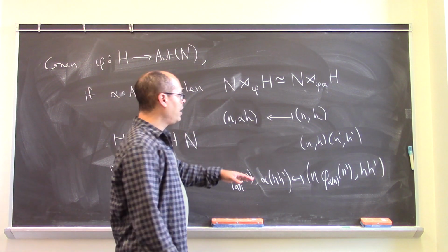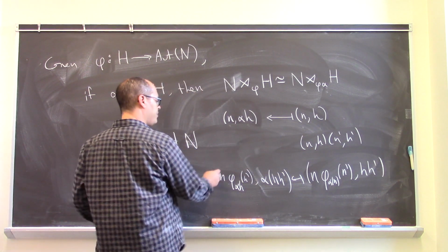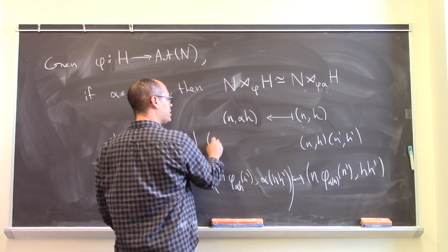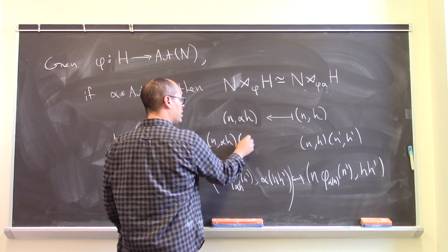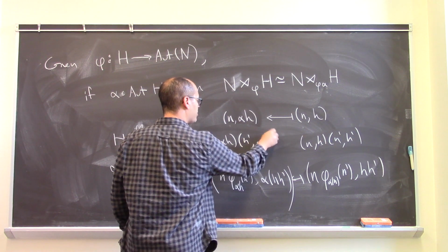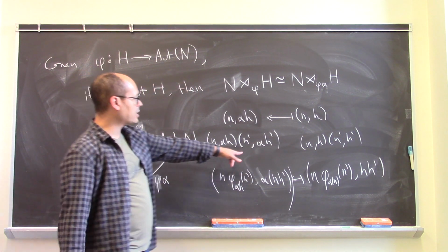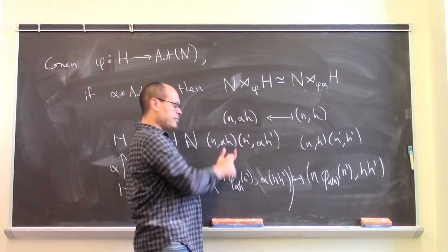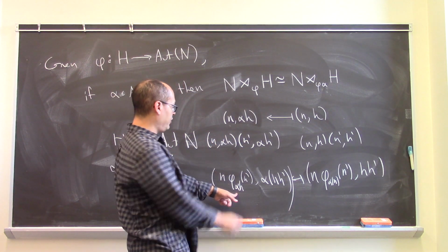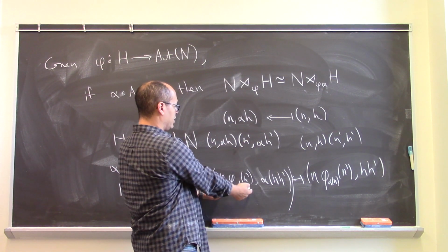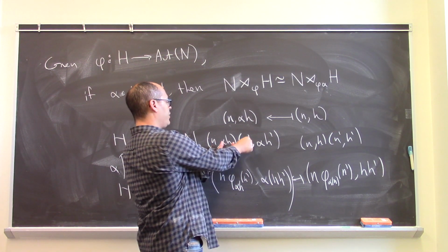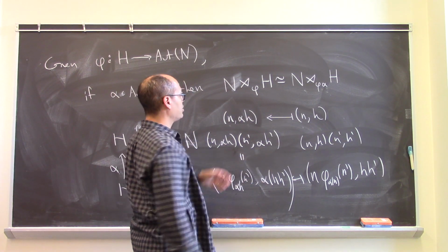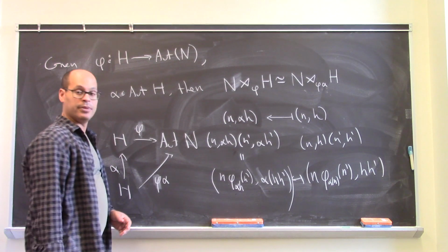That goes to there. On the other hand, I can map each of these guys over. This is a pair, so I can map each of them over, and I get (n, alpha h) and (n prime, alpha h prime). To multiply these together, I need to slide the n prime past the alpha h, and then I apply phi of alpha h to it, so I get exactly this thing, n times phi alpha h of n prime, and then I multiply these together. So this is actually the product in the phi group.